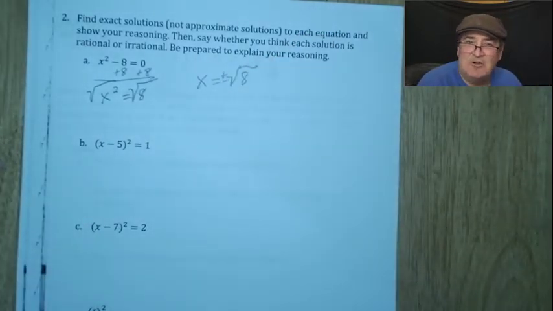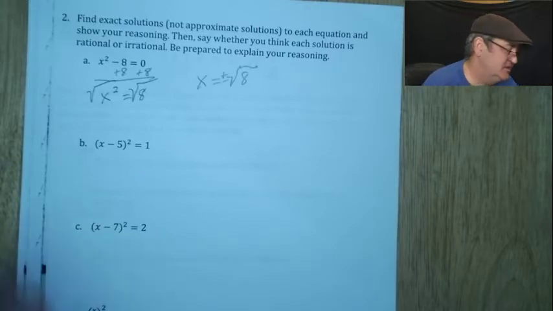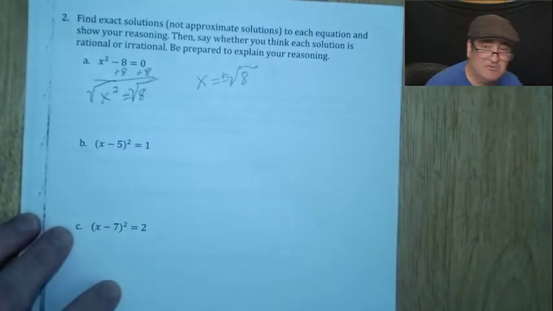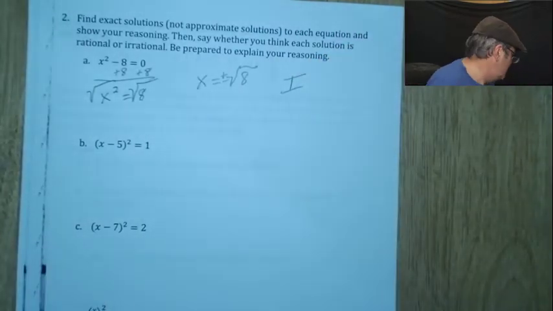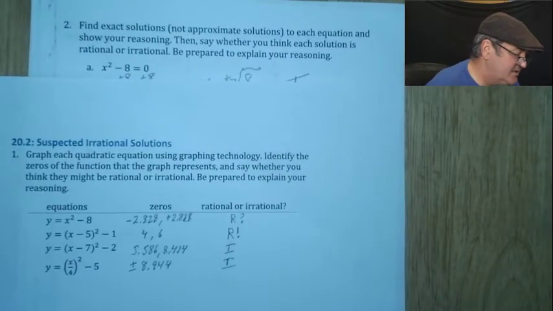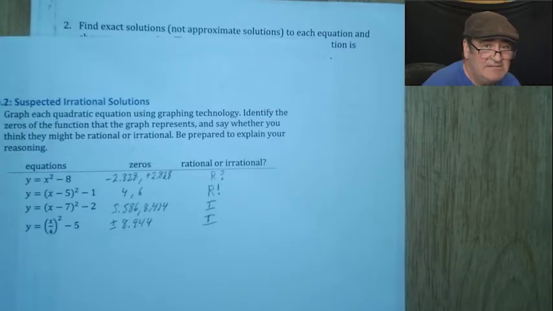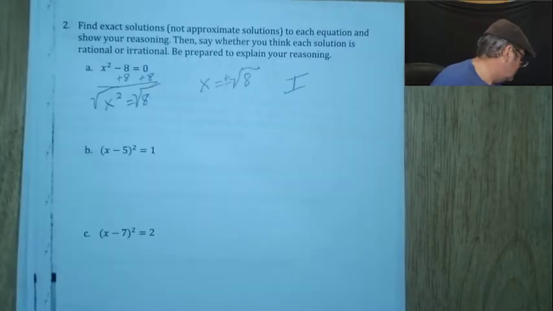And that looks to be irrational. Square root of 8 is not a number that comes to an integer. I'm going to say that is irrational. That's one that we had guessed. Maybe that's a repeating one, but it doesn't look like it. It looks like it's going to be an irrational solution.